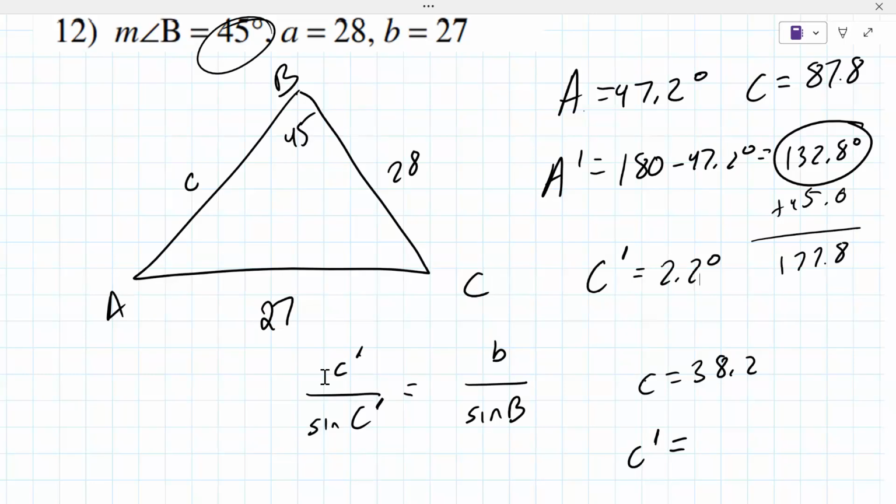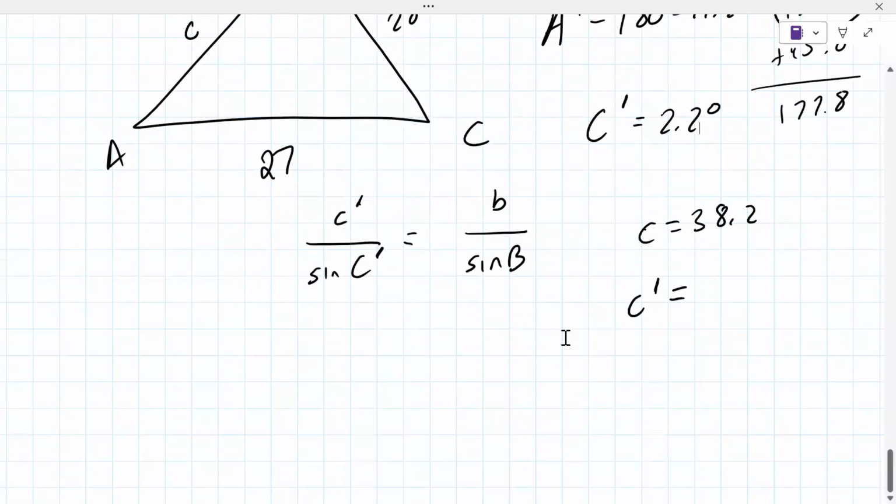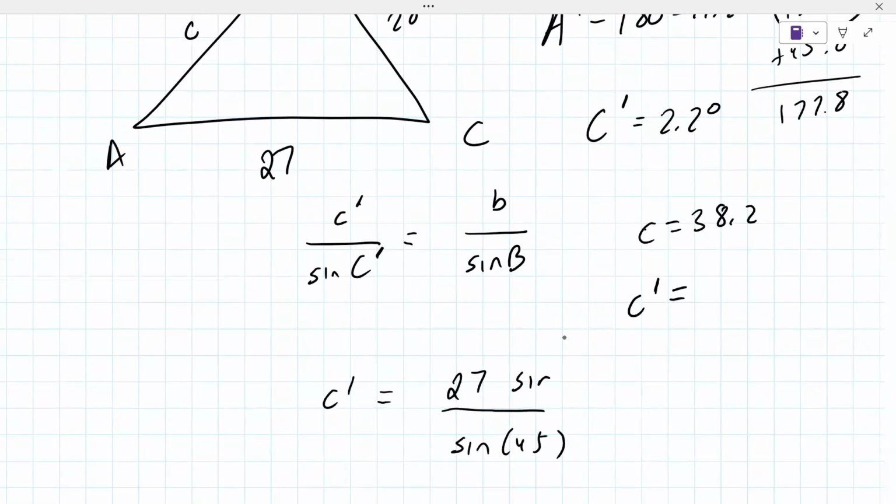Bigger than that. So C prime ends up being little b, which is 27 over sine 45 times sine of 2.2. It's a little bit bigger than that.